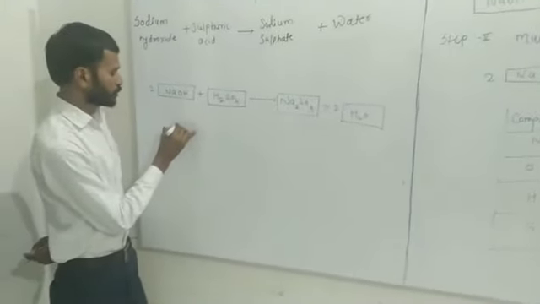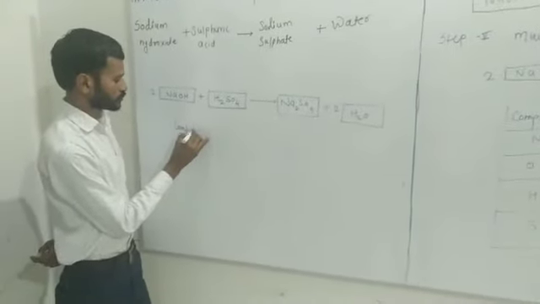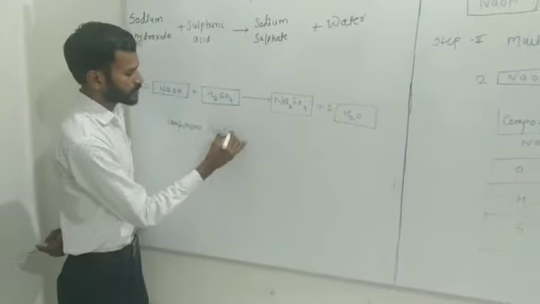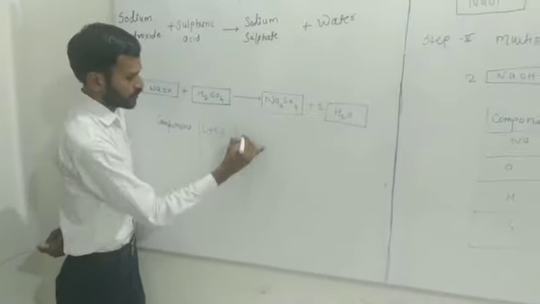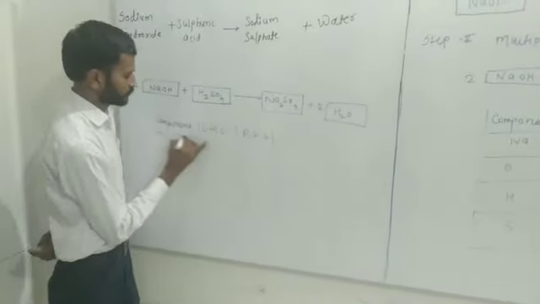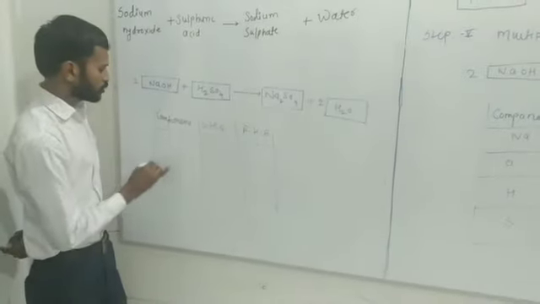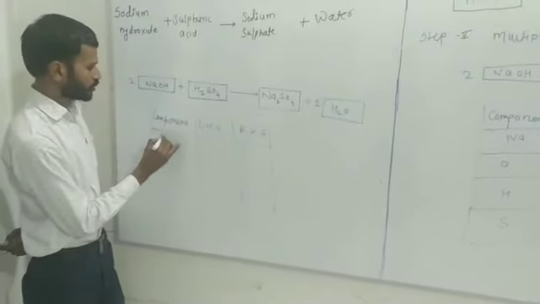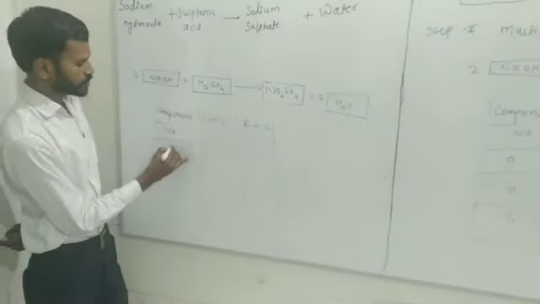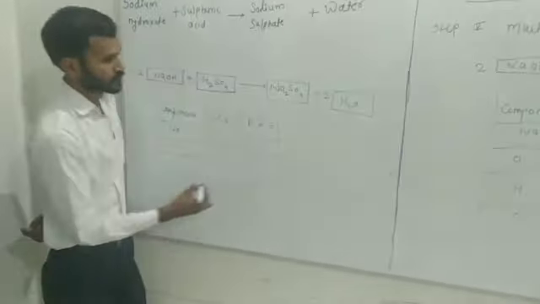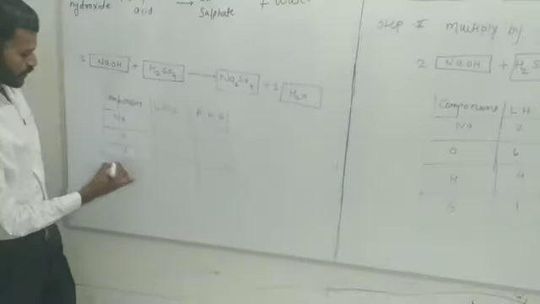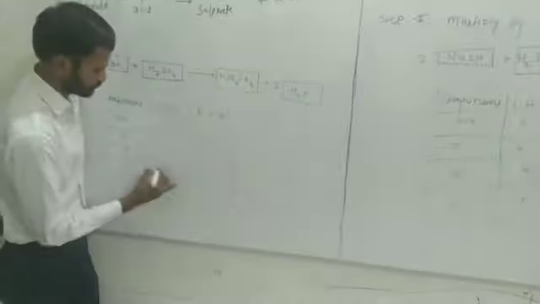Elements present on the LHS and on the RHS: first sodium, second oxygen, third hydrogen, and then sulfur.